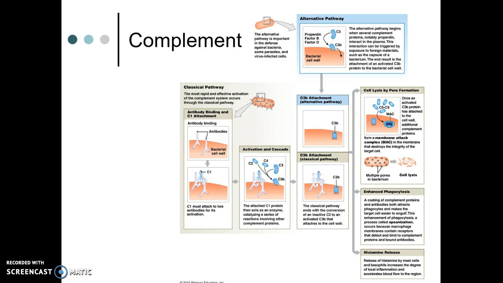Remember, opsonization basically makes a bacteria more attractive to a phagocyte, so it tells the phagocyte, like, here's a problem, come and attack me. And these complement factors, if they've gone through this pathway, will initiate histamine release from the mast cells.